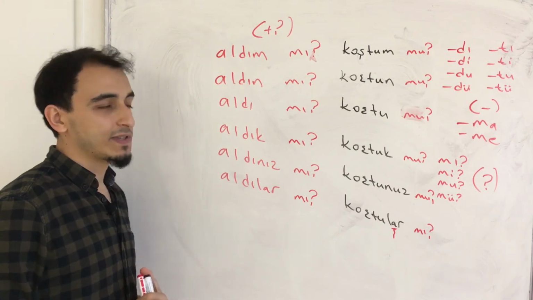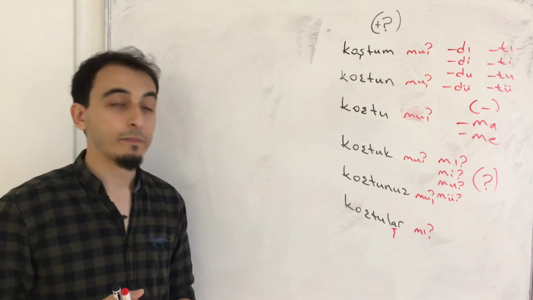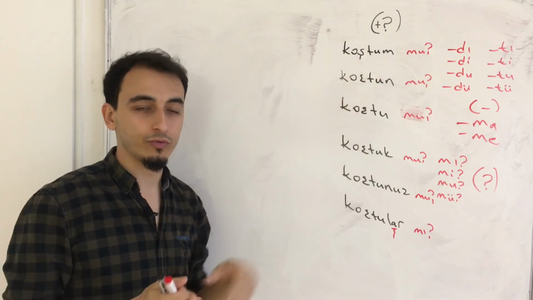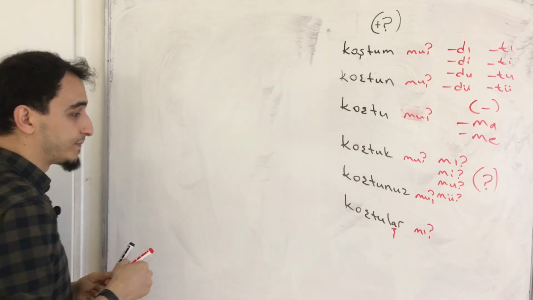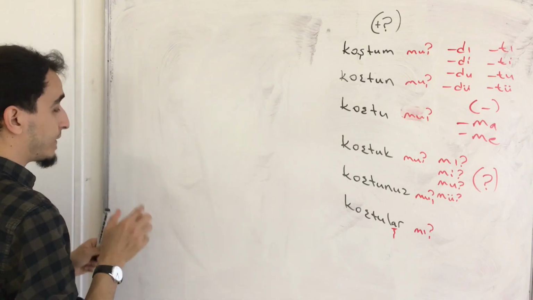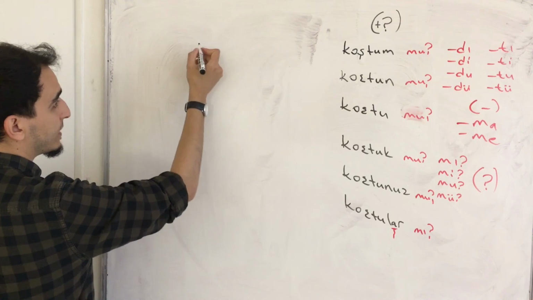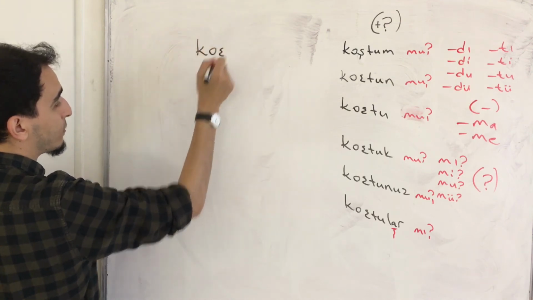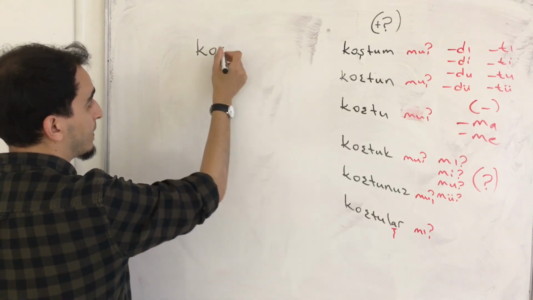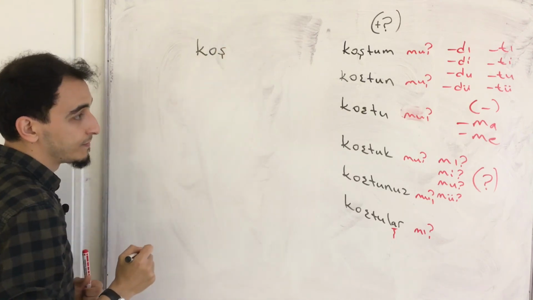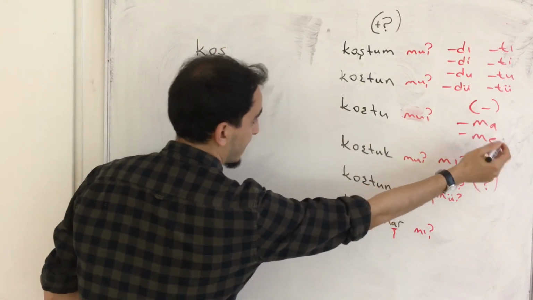Evet, let's see it with negative forms also. Tamam. Bu olumlu soru. This is a positive question. And this is negative. Let's do the same example. Koşmak. Koş. We need negative.